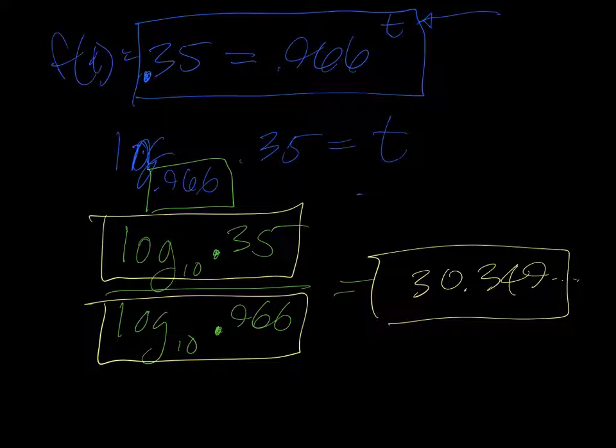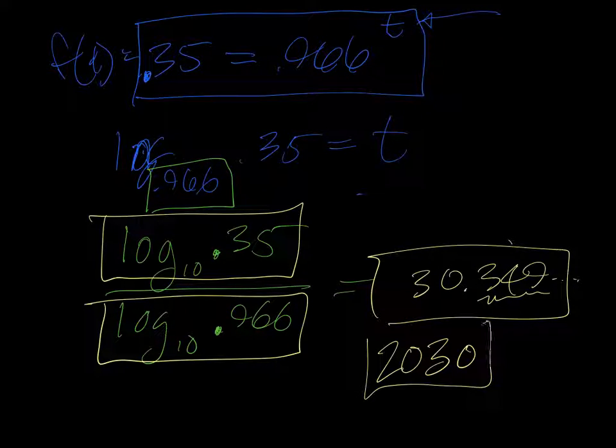And so that equates to the year 2030. And of course, this 0.349 is just March or April of that year. So it's going to be in this year that the purchasing power of the dollar drops down to 35 cents. All right? So hopefully that's helpful.